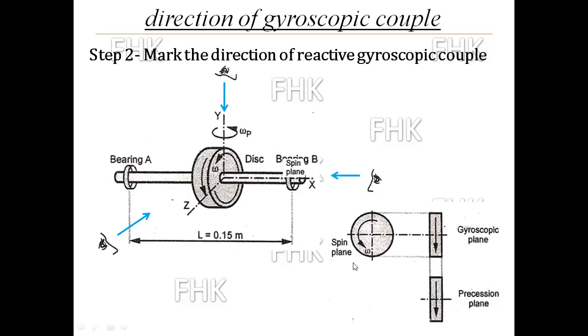Now, which is the spin plane, which is the precession plane, and which is the gyroscopic plane? The plane in which you can see the actual rotation, that plane is the spin plane, as we learned in the previous session. I will share the link of that previous session. Whether it is rotating clockwise or anti-clockwise, that is the spin plane.